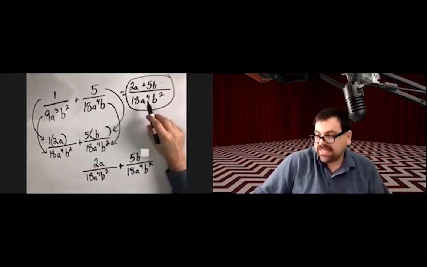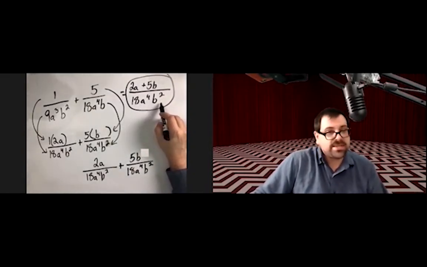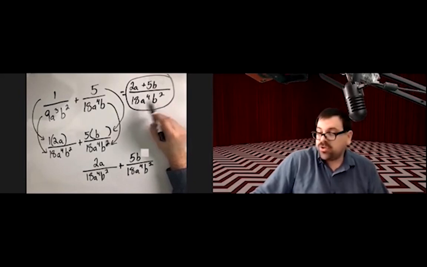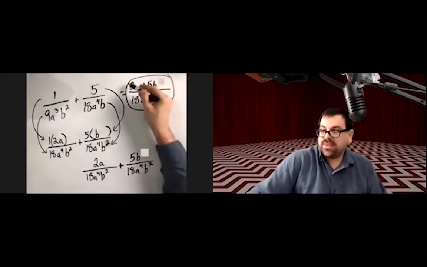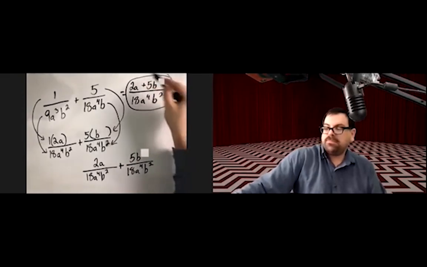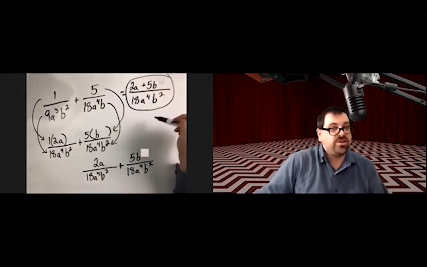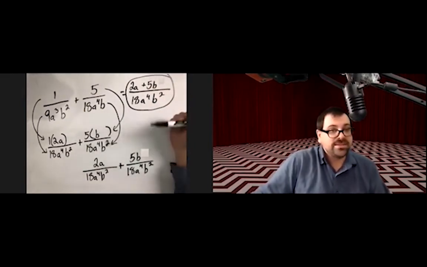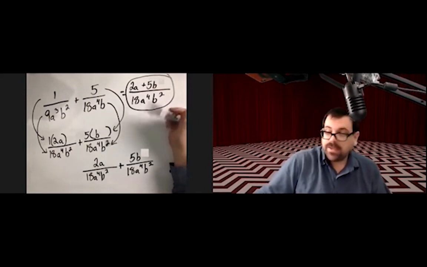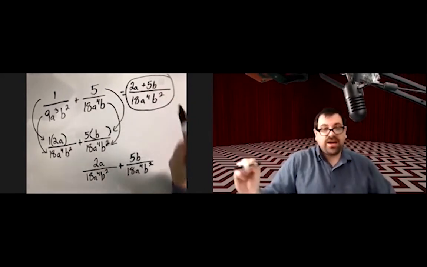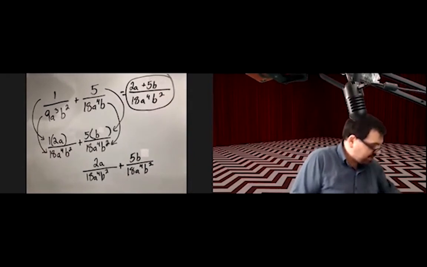Here we have the 18 times the a to the fourth times the b squared, but those are only eligible to factor with the entire 2a plus 5b. And since we don't have a 2a plus 5b on the bottom, we can't cancel any of that away. That is our simplified final answer.